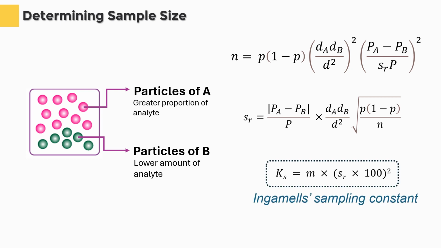This constant is called Ingamells' sampling constant. When the relative standard deviation is 0.01, S_R times 100% is equal to 1%, and the sampling constant will be equal to m. Hence, we can interpret that the sampling constant is the minimum sample mass required to reduce the sampling uncertainty to 1%.